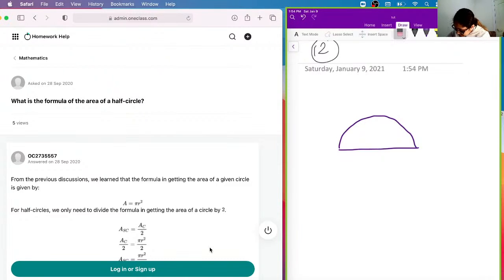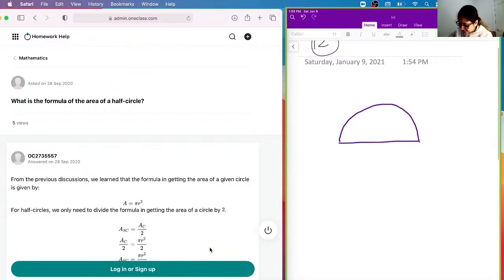And the area of a normal circle is, as you guys probably recall, pi r squared.